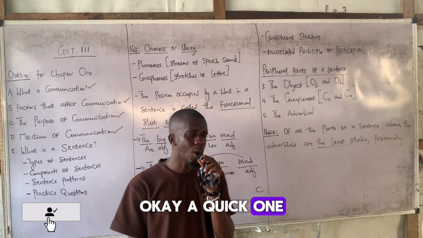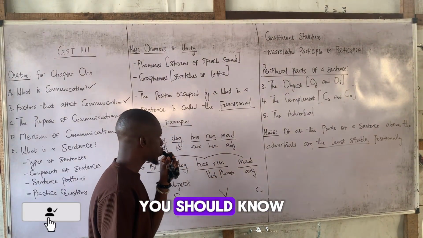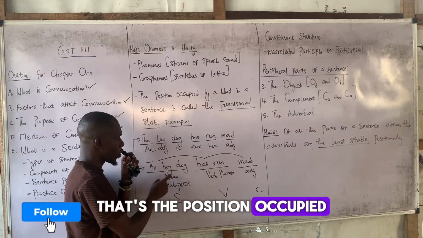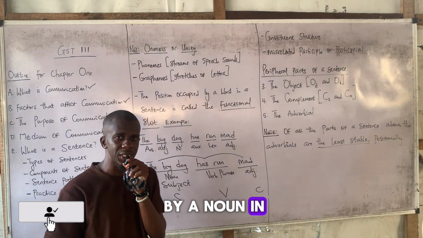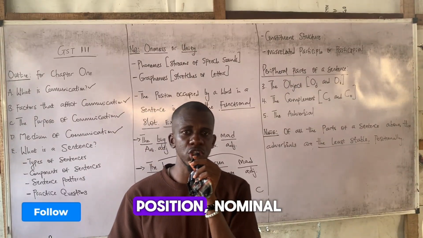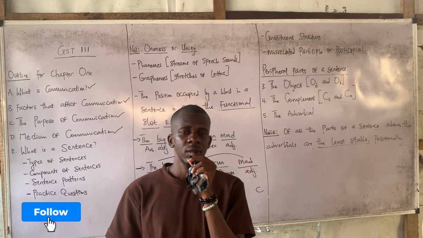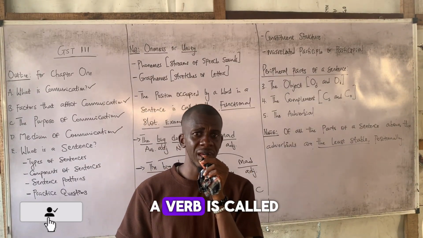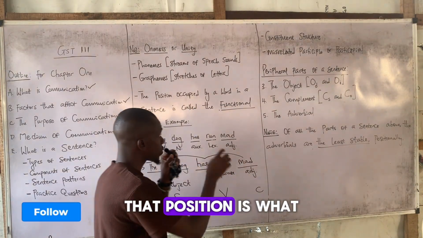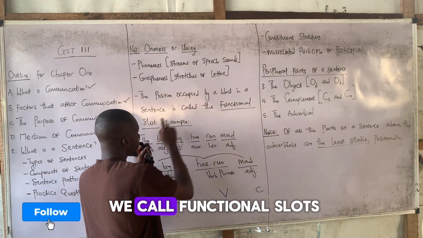Okay, a quick one before I go. You should know that the position occupied by a noun in a sentence is called the nominal position. Nominal. The position occupied by a verb is called the verbal position. Don't forget that position is what we call functional slot.